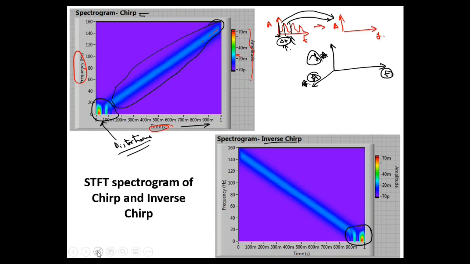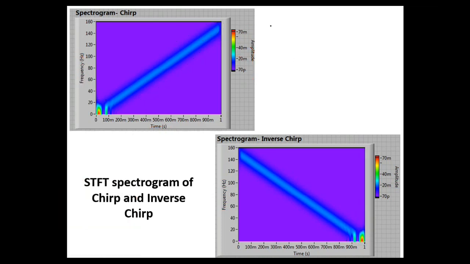Now, why is this so? The thing is that when we design a window in the time domain, it is also related with the frequency. So delta t, or we can say the time period, capital T, is inversely proportional, 1 by f.